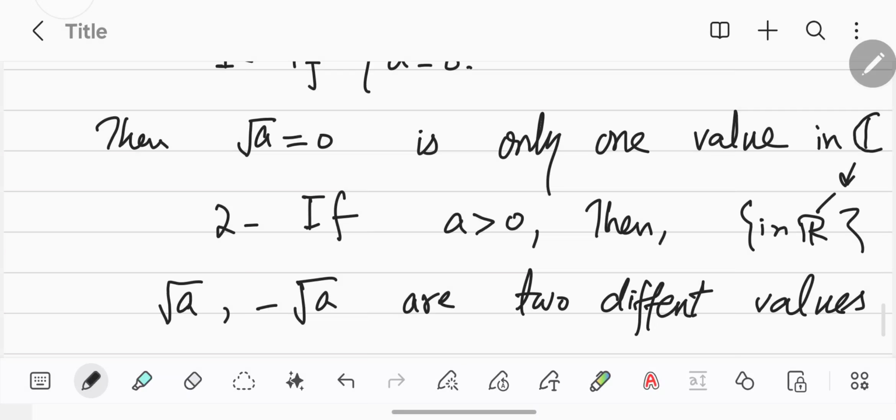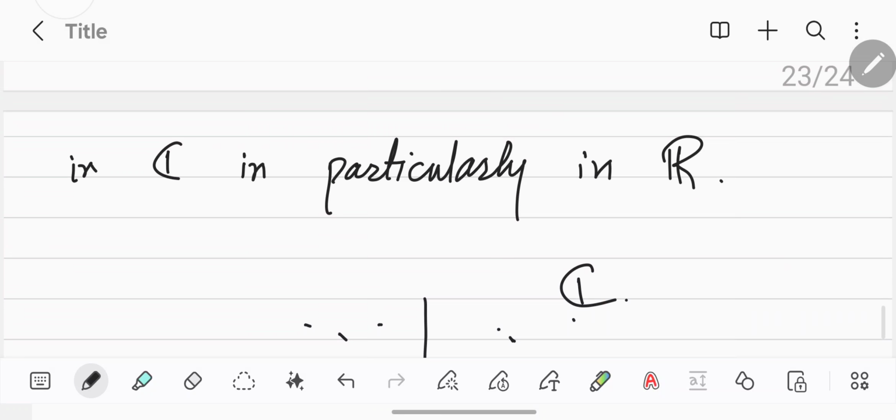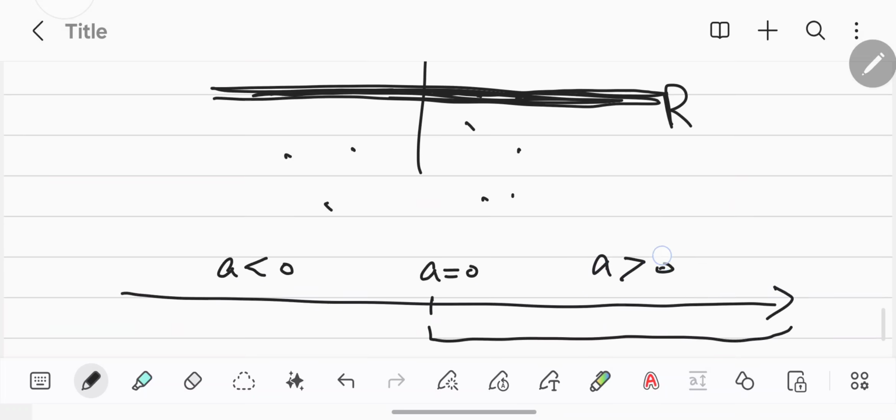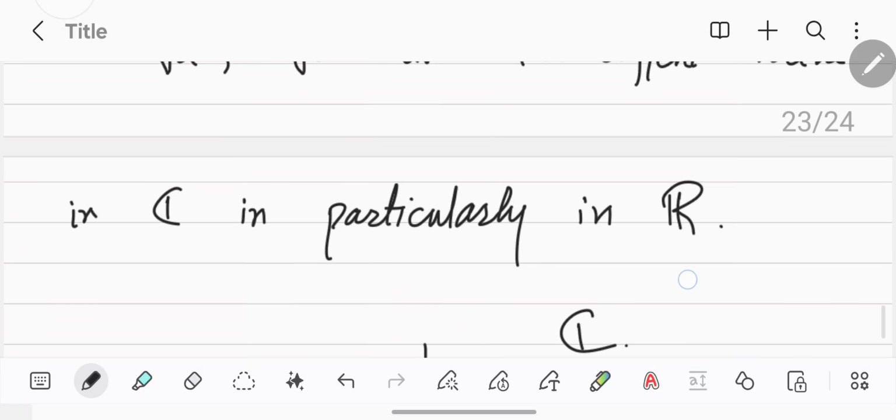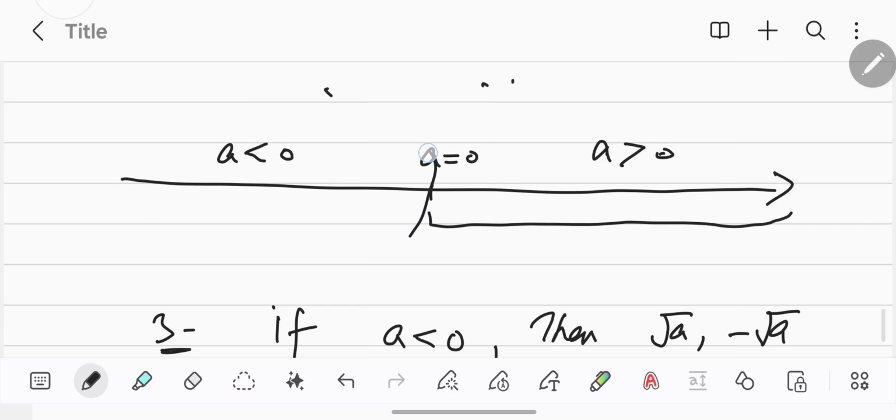And similarly, if a is a positive number, then the square root of a and minus the square root of a are two different values in C, but also in R. But if your real number is negative, then the square root of a is in C, but not in R. So that means when you take the square root of a negative number, you are not landing in the real numbers.